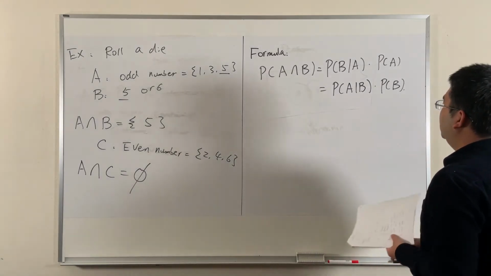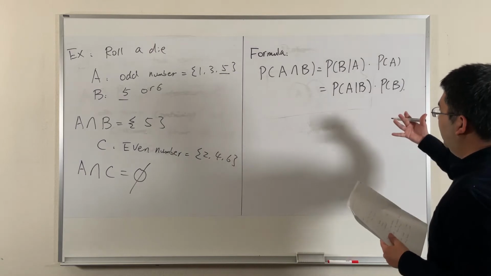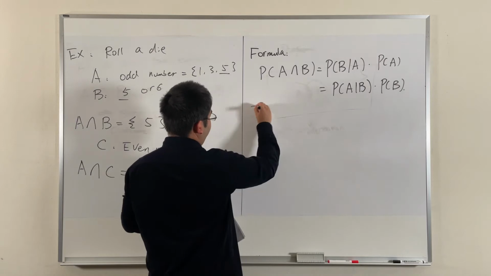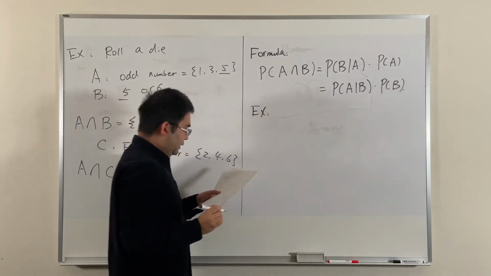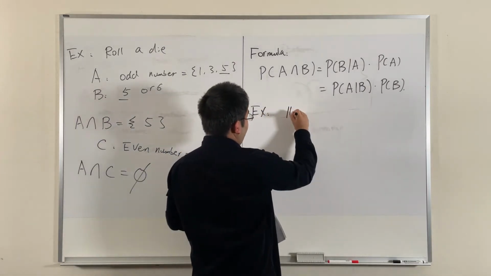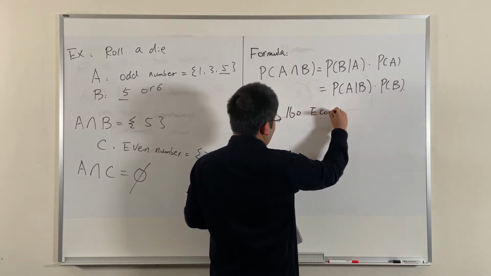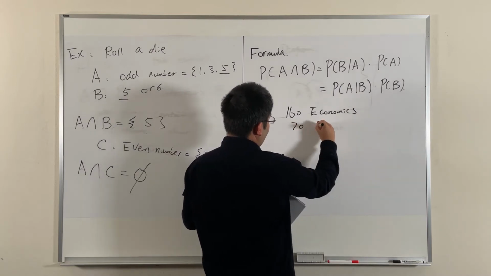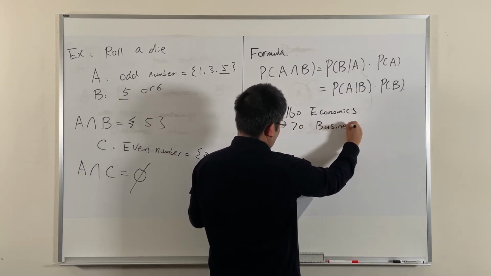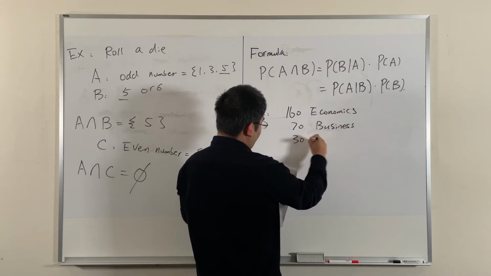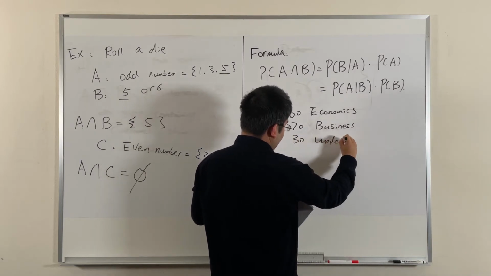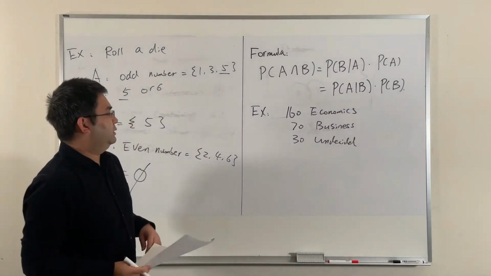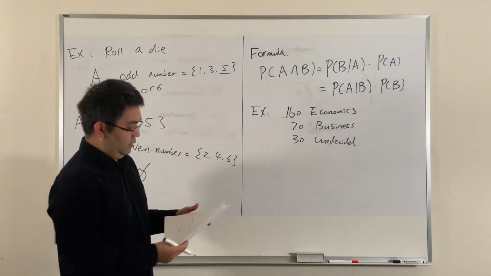Let me give you an example of how you will apply this formula. Let's say we have 160 economics students, 70 business students, and 30 undecided students, say in a big class.